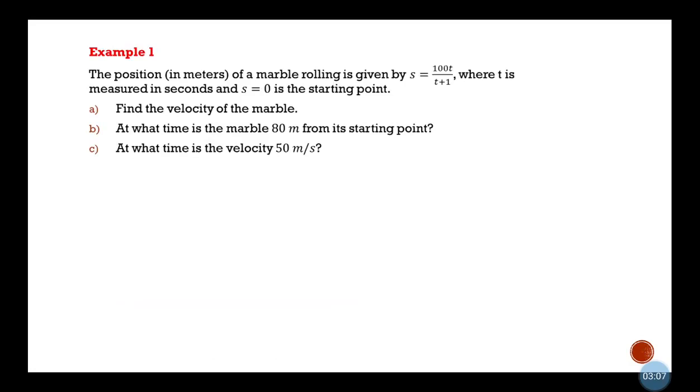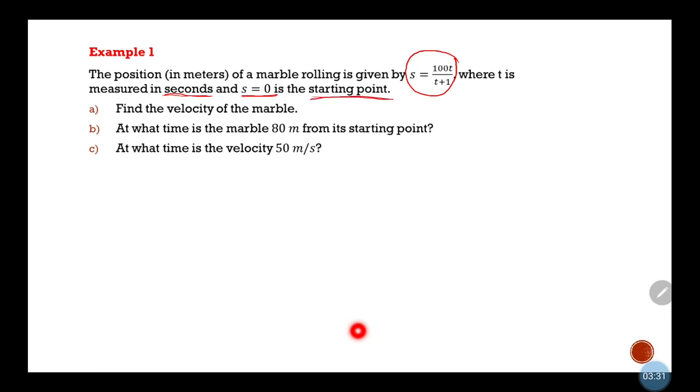Let's see example 1. The position in meters of a marble rolling is given by s equal to 100t over t plus 1, where t is measured in seconds and s equal to 0 is the starting point.